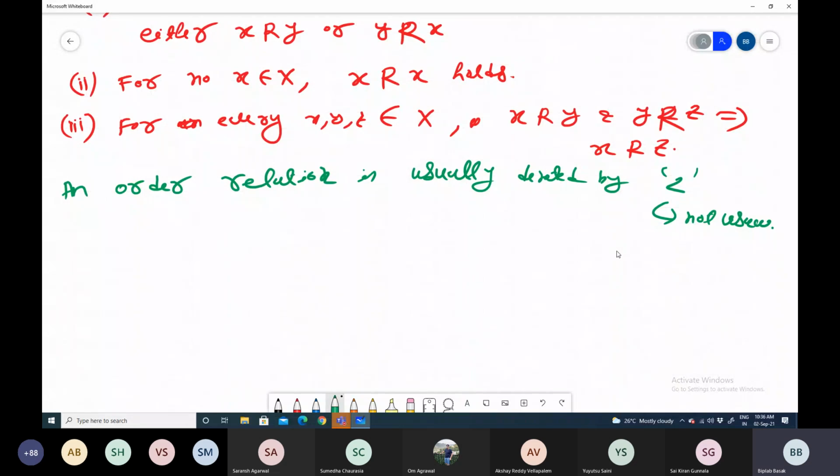For an example, say my X equal to natural numbers, okay?